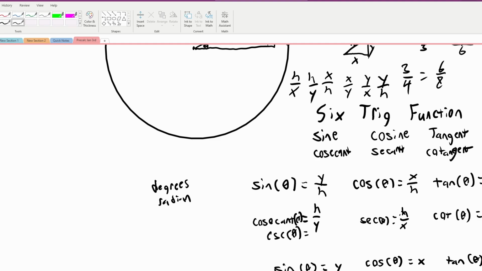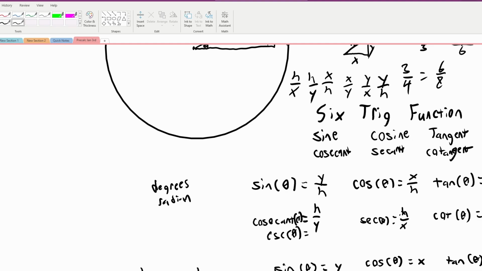Now, to put these in on the calculator, for the TI-84, there are no cosecant, secant, and cotangent buttons. You literally take 1 and divide by sine of theta for cosecant, you take 1 divided by cosine of theta for the secant, and 1 divided by tan theta for cotangent.